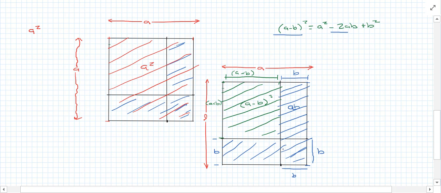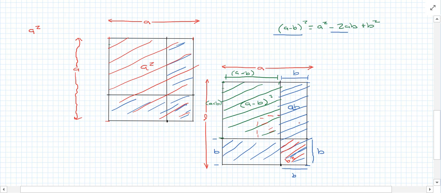Now, the problem with this is, see this portion in here? This is what's known as b squared. We've taken this off twice: once when we swiped off this side, and again when we swiped off this side. If we didn't take this into account, we would have a squared with the mirror of this taken out of it, which isn't representative.